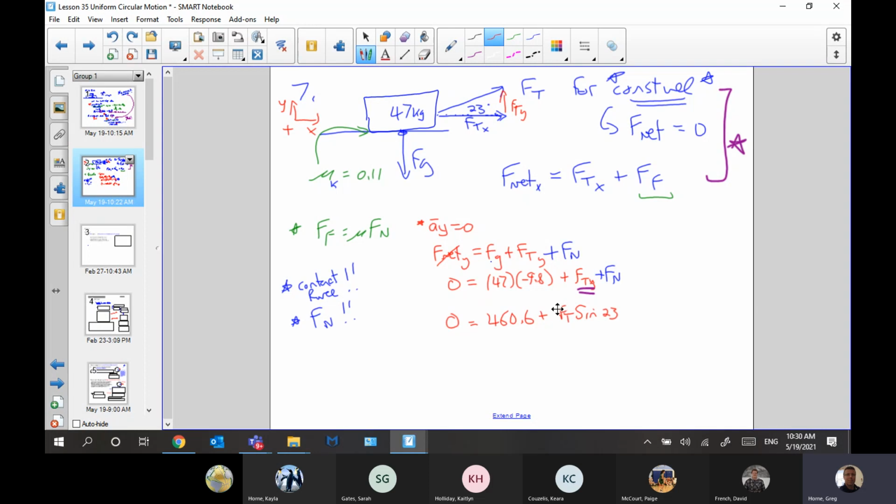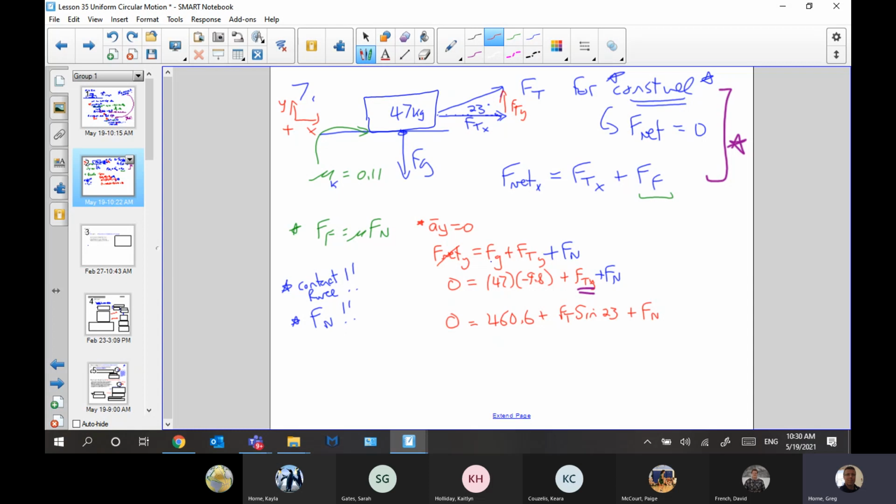There we go, sine 23. Plus also the normal force. So right now, let's say we don't know the normal force because we don't know the tension. So vertically, we're at the point where it's kind of all we can do, if that makes sense.